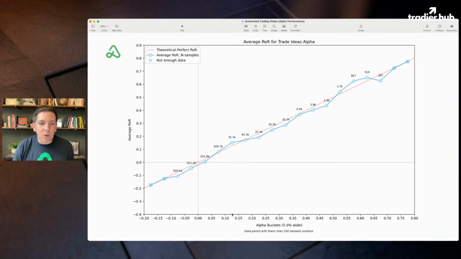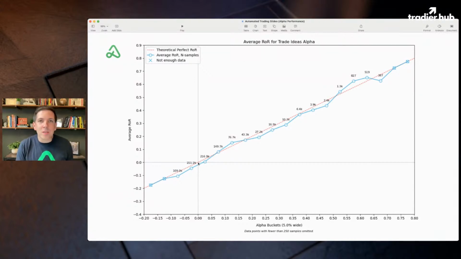There's obviously nuances in here. Some are 0.9, some are 0.6, some are 0.13, whatever the case is. And what we did here is we then graphed the theoretical perfect rate of return. And that is the red dotted line that you see through the middle of this chart. If you look at where the crosshairs intersect right here, you'll see that it's 0 and 0.